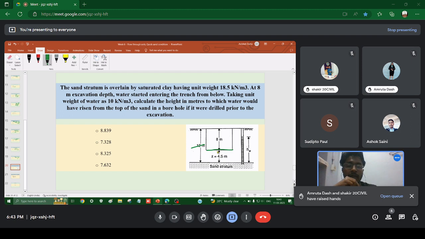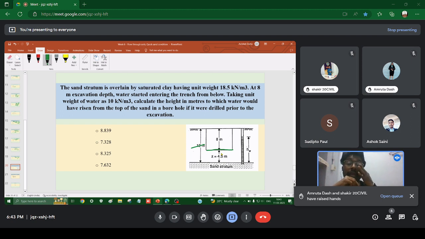Now, what is the height of this water? I have mentioned in the previous questions that piping failure or quick condition is found in sands, right? Clay has very little porosity to make the water transmit upward.